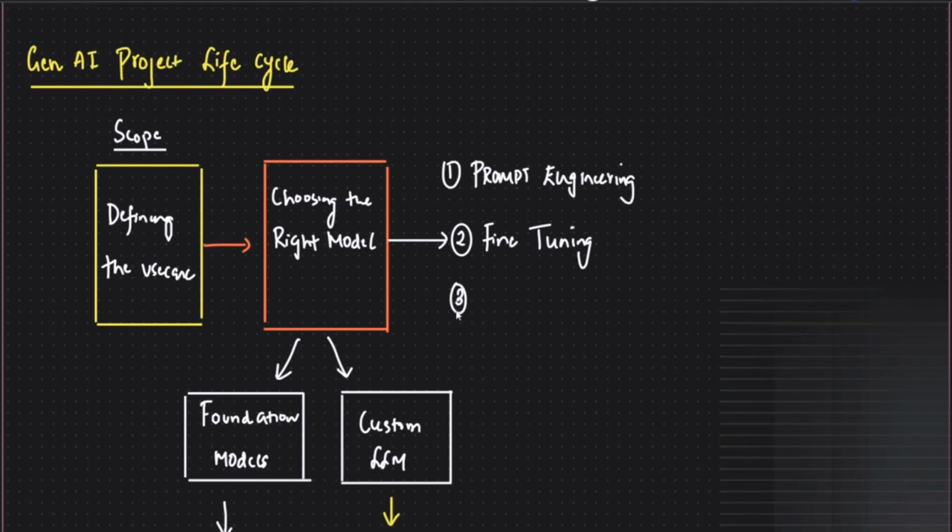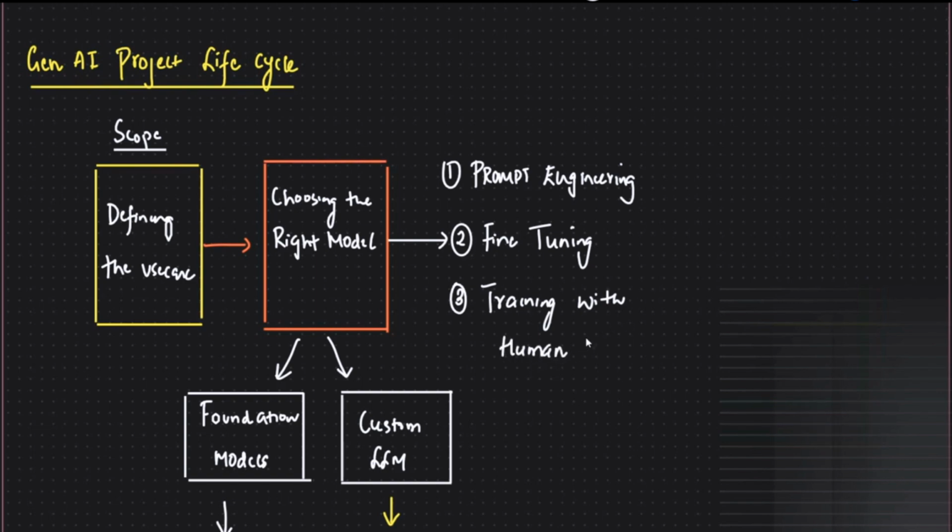One more important mechanism you have is aligning, or training with human feedback. This is a very important step that is used while you're training your LLM models. How an LLM model is trained, I've already covered in a video in my LangChain and generative AI playlist.